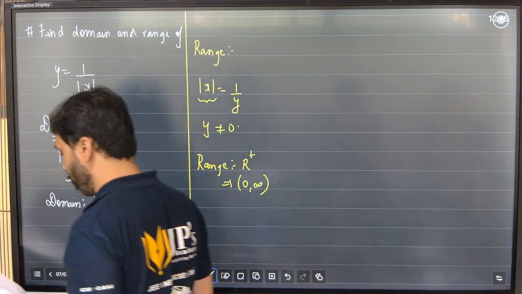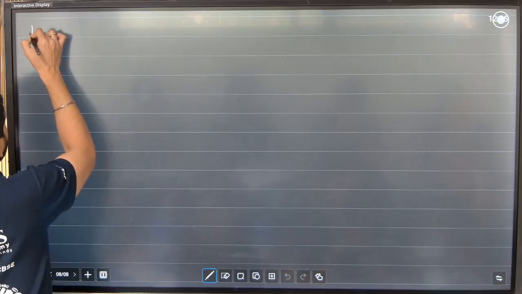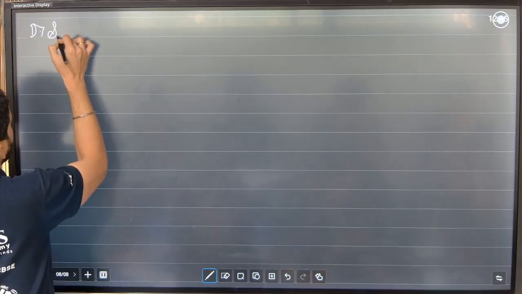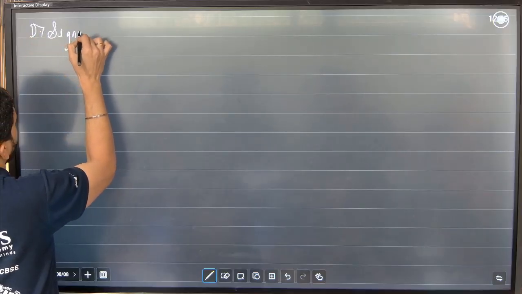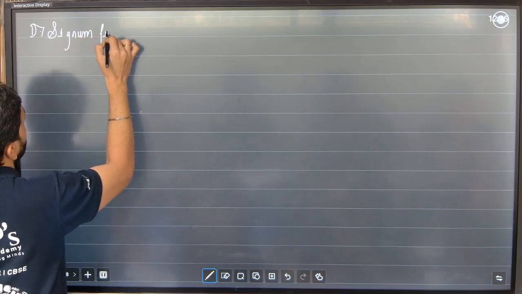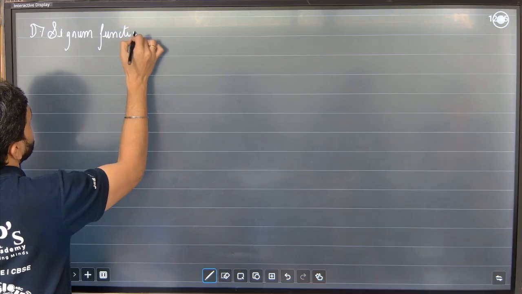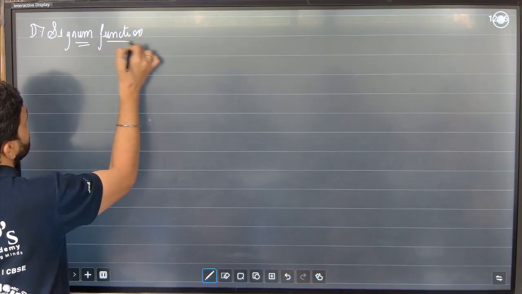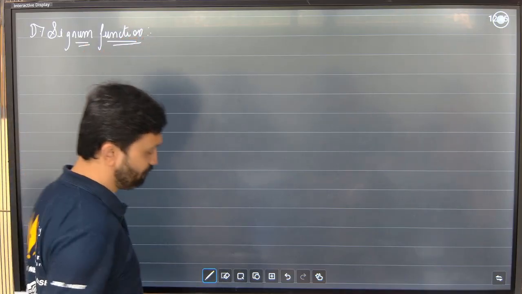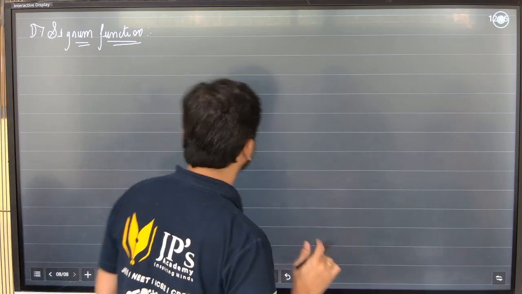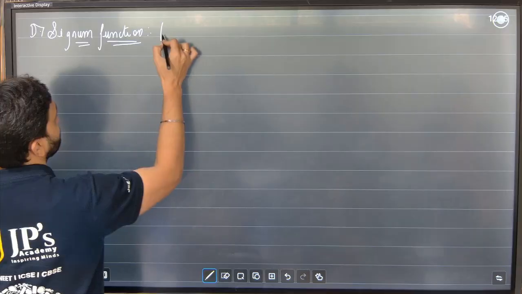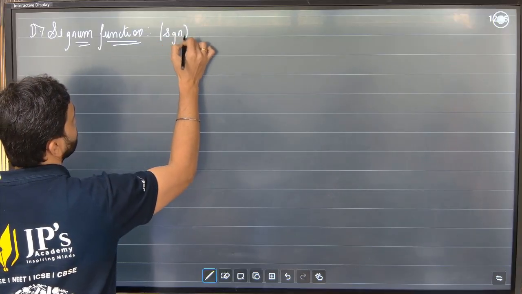The next topic, the D part, is called the Signum function. Signum function is an extension of your mod function, you can say. Okay, Signum function. Now Signum function is denoted by SGN.